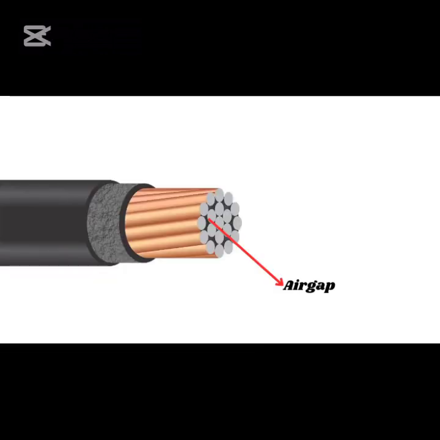This is due to the air gap that exists between the strands of the conductor. To achieve the same current capacity, the cross-sectional area of a stranded wire would need to be larger than that of solid wire. Because of this, an electrician must choose the right wire size based on the wire gauge and current carrying capacity needed for the intended application.